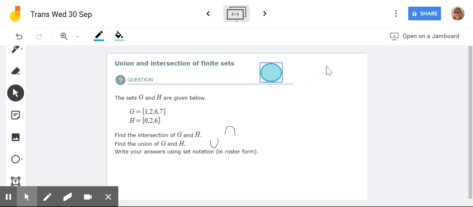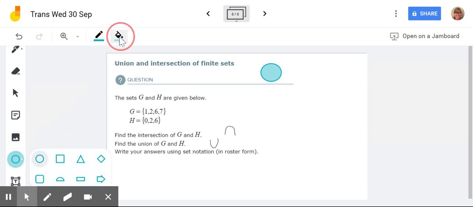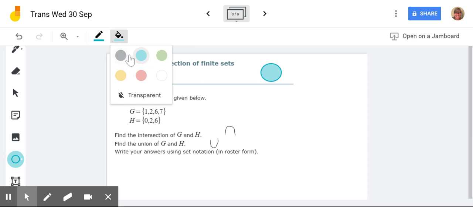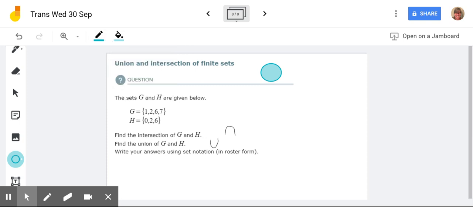We're going to make a union and an intersection. I'm trying to make this too much fun here. Let me do yellow. I don't like the way that came out.